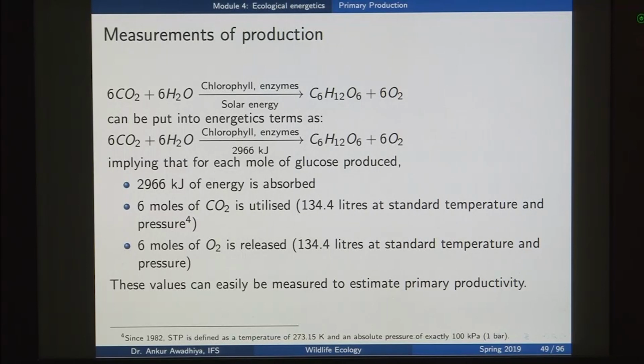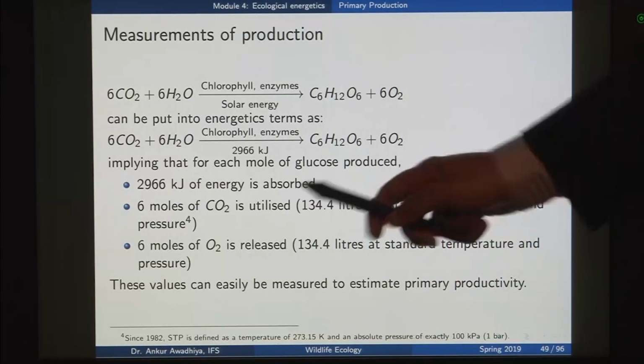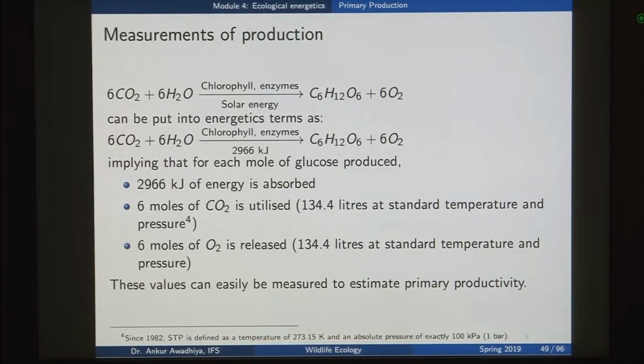So, for each mole of glucose produced, you have 2966 kilojoules of energy absorbed, 6 moles of carbon dioxide utilized, and 6 moles of oxygen released. Now, 6 moles of carbon dioxide means 134.4 liters at standard temperature and pressure, which is defined as 0 degrees Celsius and a pressure of 1 bar.